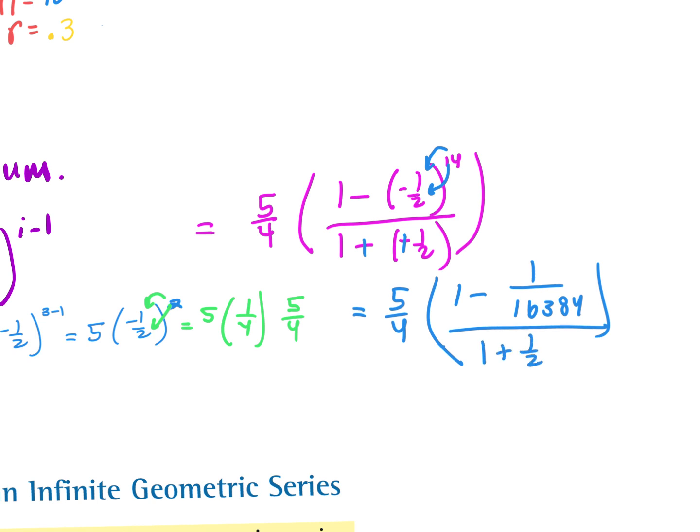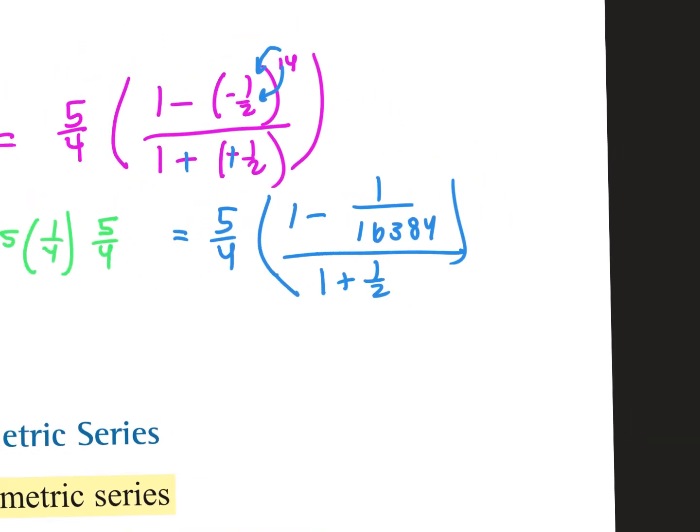All right. Now you guys can simplify wherever you need to here. Understand, in your numerator, you have two fractions. When you are adding or subtracting fractions, guys, what do you need? A common denominator. So this is 1 over 16,384, correct? And I have the whole number 1.